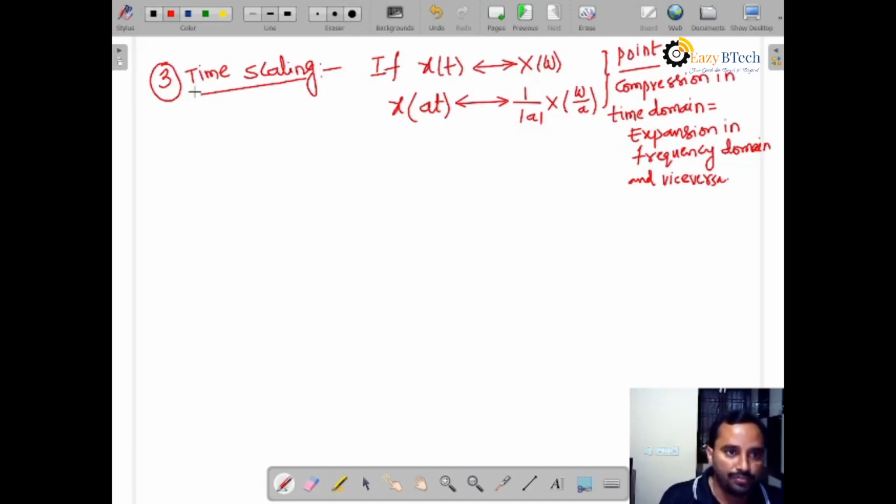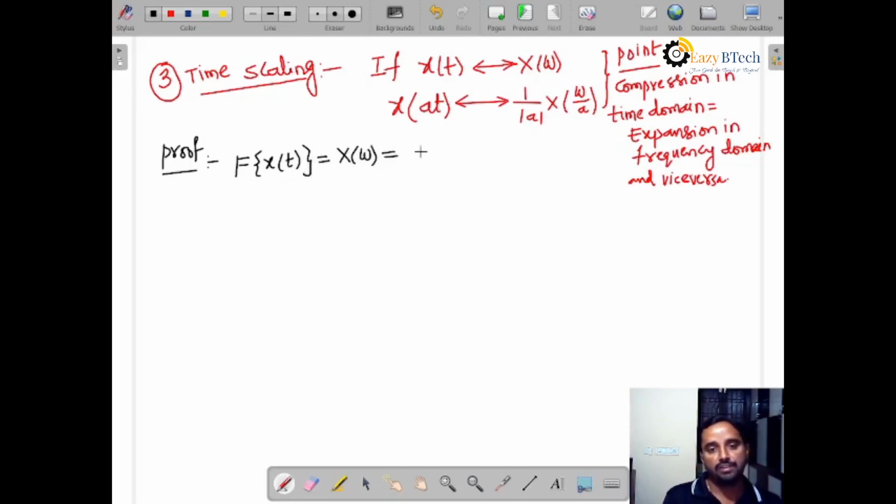Let's go to the proof. Again we write the Fourier transform formula. The Fourier transform of a signal x of t is X of omega, equal to the integral from minus infinity to plus infinity of x of t e power minus j omega t dt. Right? So this is the simple Fourier transform formula.